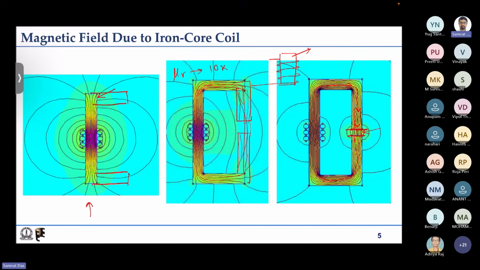One of the most important properties of the flux lines that I missed saying earlier is that all the flux lines, unlike electric field lines, have to be closed lines. So it has to be a closed curve, and they have to enclose the current carrying conductor that is the source of it.